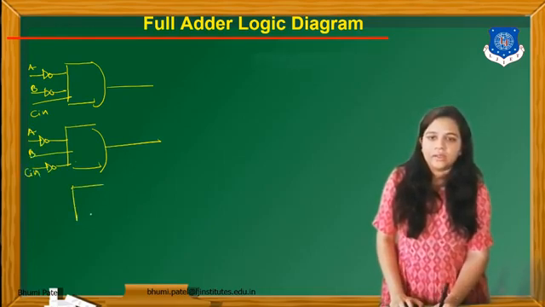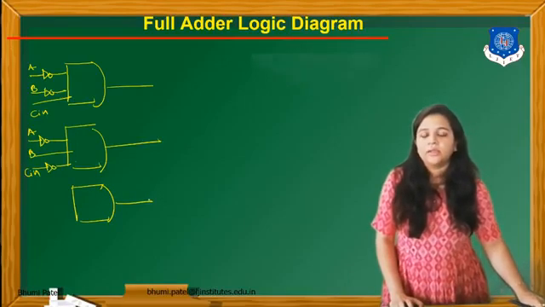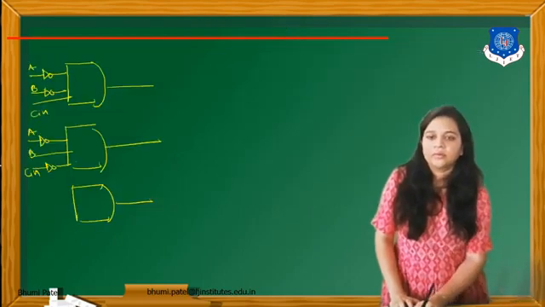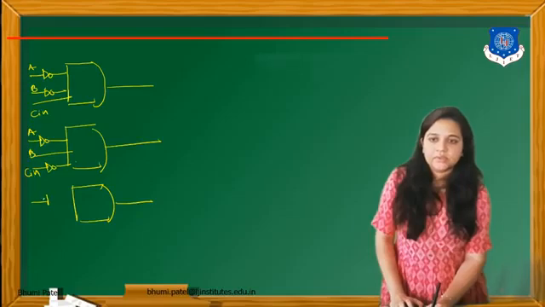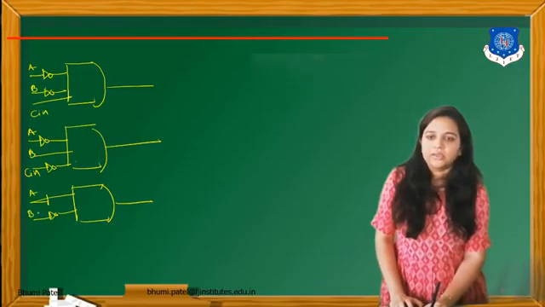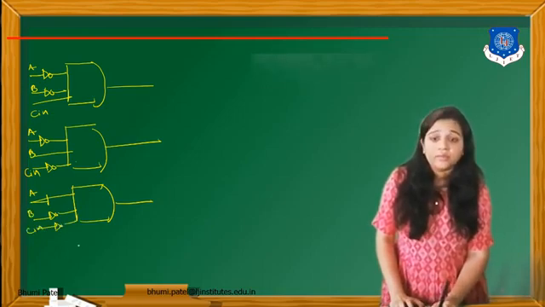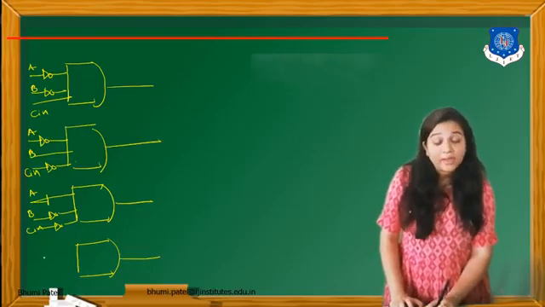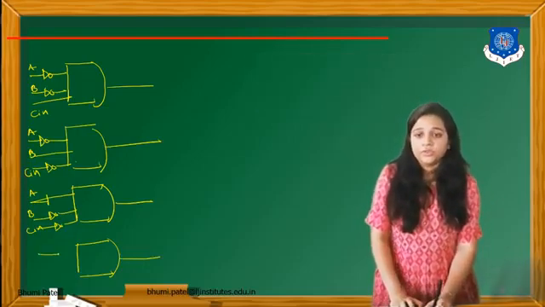The third AND gate, and the input of the third AND gate is A as it is, then B bar, and then the third input is C in bar. And the fourth condition for the sum is when all the inputs are high, we can get the sum equal to 1. So A, B and C in.